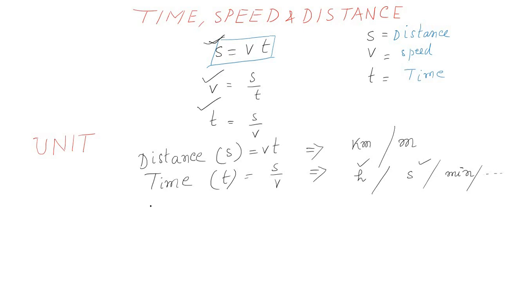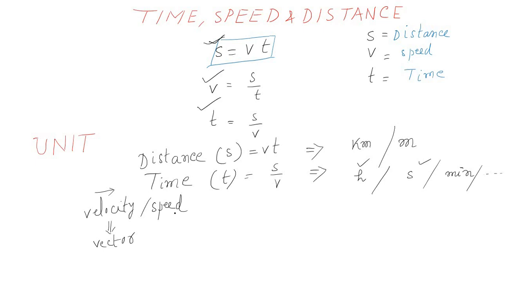Now coming to speed. Most importantly, speed and velocity are dimensionally the same, but the difference is that velocity is a vector quantity because it has a certain direction. That's why in physics we usually express it with an arrow above its head.